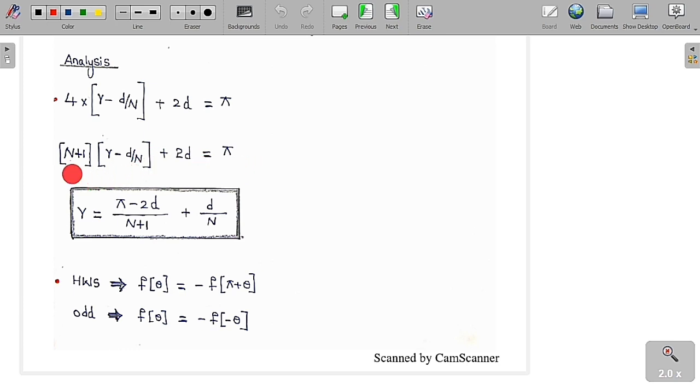So here, if there are N pulses, we are going to get N plus 1 number of space widths. So N plus 1 into gamma minus D by N plus 2D is equal to pi.